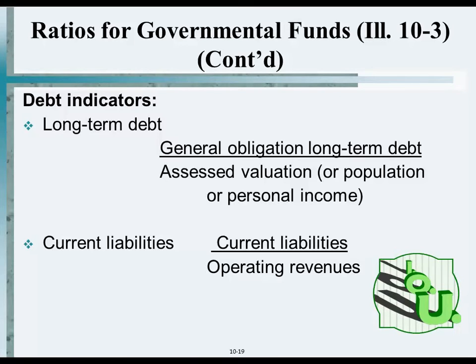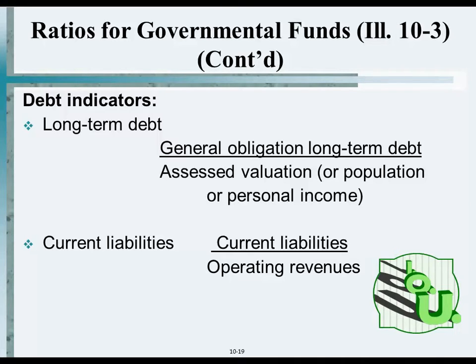Next one, current liabilities. Current liabilities divided by operating revenues. That's kind of an interesting ratio, because what does that mean? What's current liabilities represented in a government? That's all your payables, right? Okay, so your operating revenues are for what? The entire year, right? So now think about this.